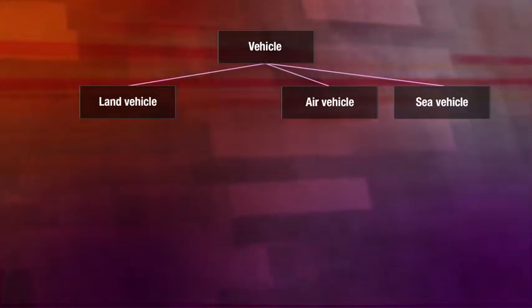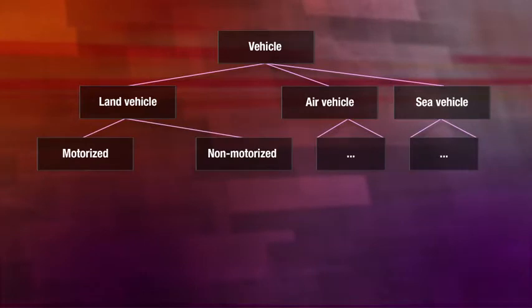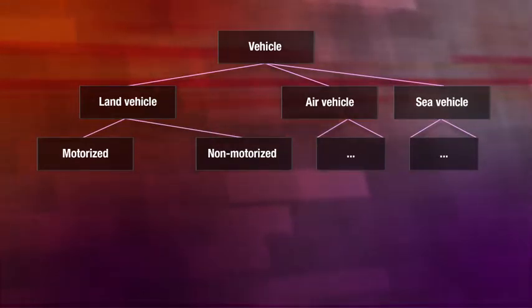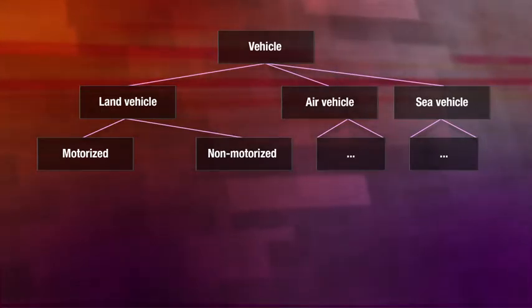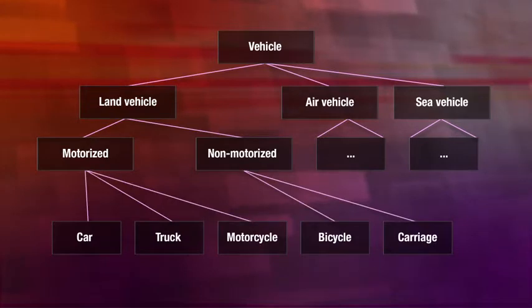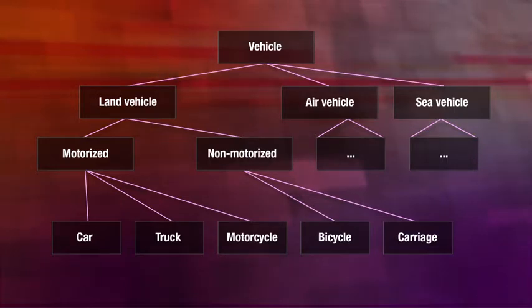Each of those could be further broken down into even more specialized classes. Land vehicles could be divided into, say, motorized and non-motorized vehicles. And then motorized land vehicles could be subdivided into cars, trucks, and motorcycles. So, top-down involves taking a more general idea and dividing it into more specialized classes.